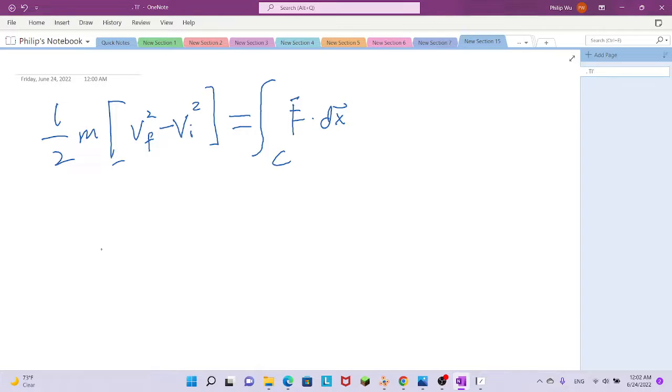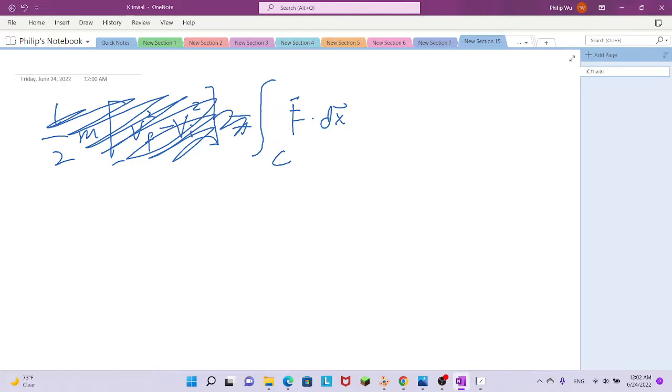But to actually prove this, we're going to need to use something called a parameterization. So in order to prove this, we only need to look at the right hand side of our equation.